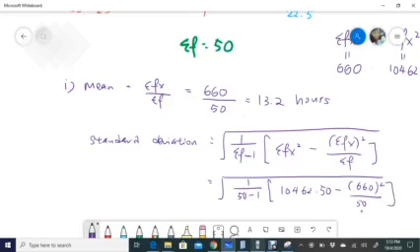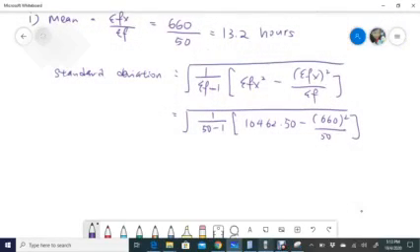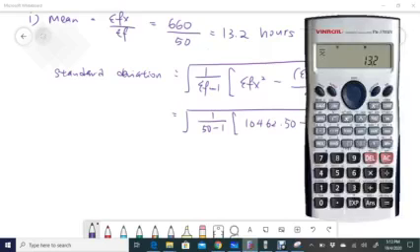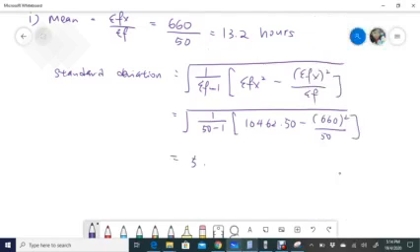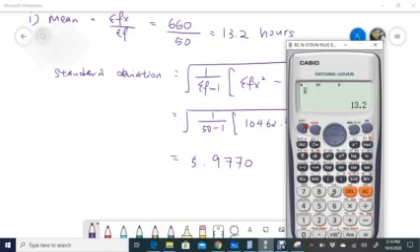Just copy and substitute. After that, use your calculator: shift 2, then go for 3, standard deviation. You have 5.9770. Same goes with this one: shift 1, go for 4, go for standard deviation, then enter. See, 5.9770.